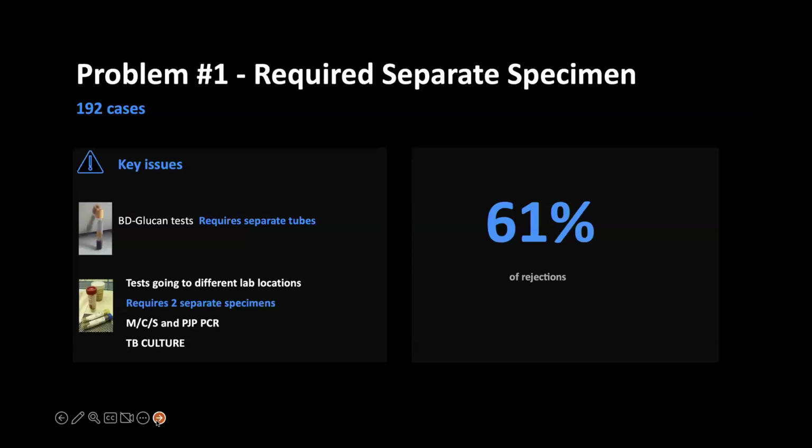When looking more closely at the category requiring a separate specimen, most cases involve tests that need to be sent to different testing sites. TB culture is one example, as well as beta-D-glucan, which is another example. Please move on.